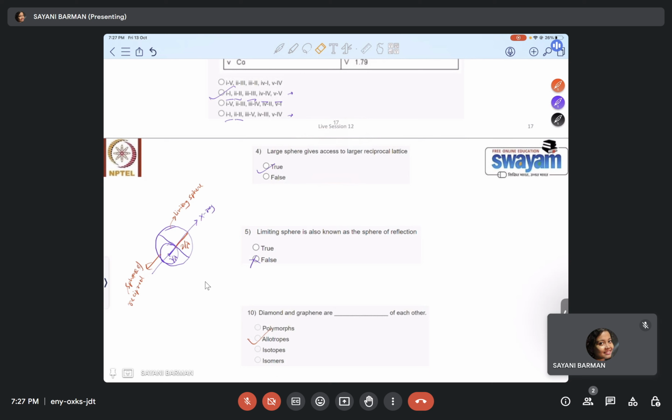The next one is isomers: molecules with the same molecular formula but different arrangement of atoms, leading to distinct chemical or physical properties, like structural isomers such as butane, isobutane, etc. So these are about this.